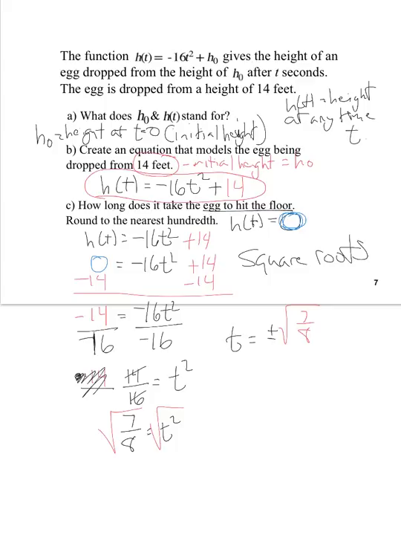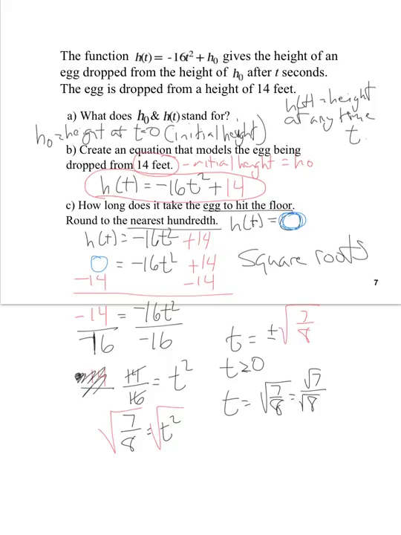Now, I know that we're looking for time. Time has to be greater than or equal to 0. So I now know my time is equal to the square root of 7/8. I can rewrite that as the square root of 7 over the square root of 8, but I really don't need to. We're looking at time here, so I want to get a decimal answer. Round to the nearest hundredths is 2 decimal places, so I'm going to put that into my calculator.